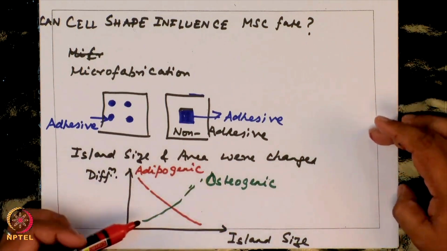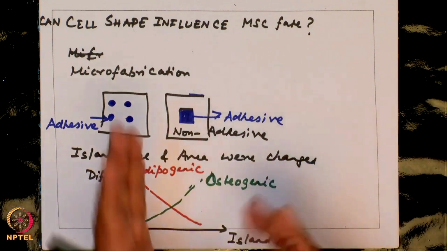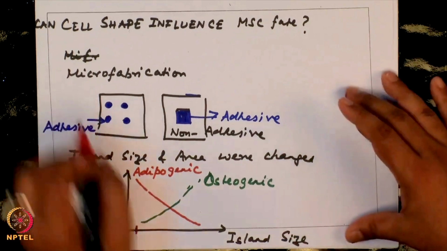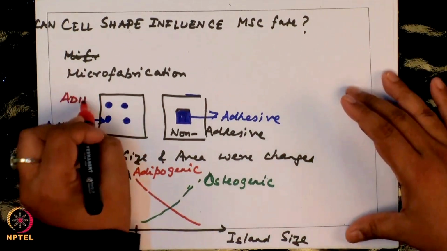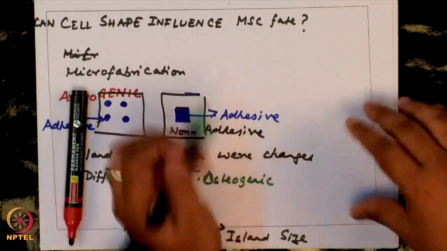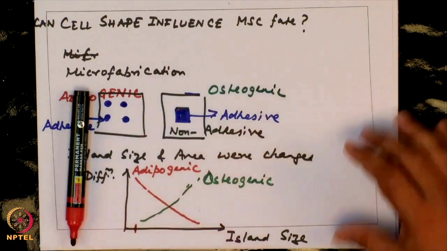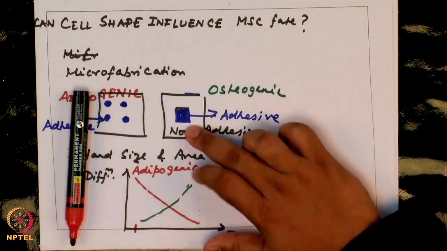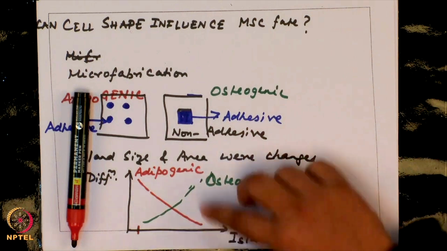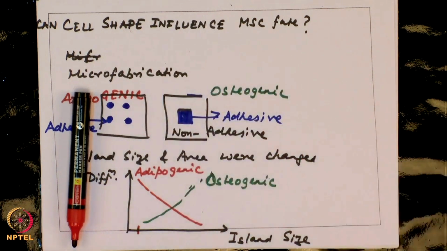Increase in island size switched the differentiation status, with a more prominent adipogenic differentiation on small island sizes. So, this environment will be more adipogenic and this environment will be more osteogenic. Bigger the island size, more osteogenic differentiation, less adipogenic differentiation. Smaller the island size, more adipogenic differentiation, less osteogenic differentiation.